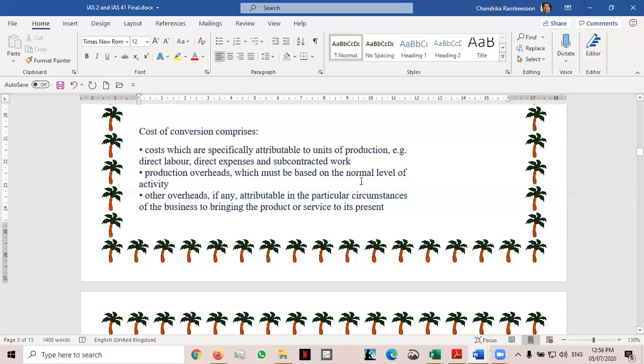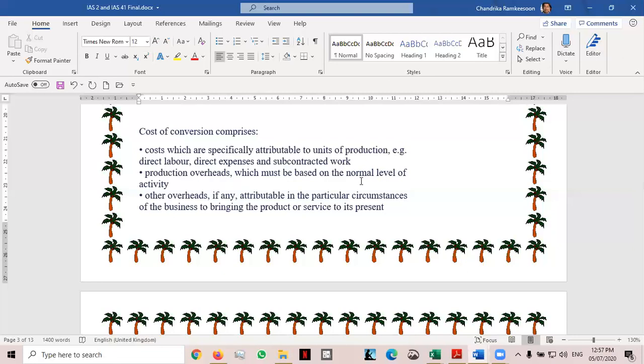normal activity level. What that means is if an absorption rate is being calculated, let's say a unit base rate, and in the period the business estimates that its fixed production overheads would be $50,000.